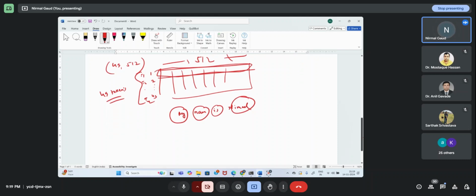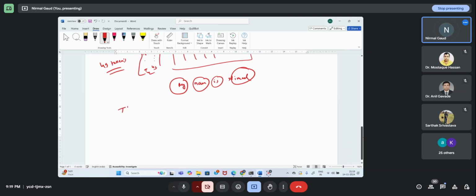So let us consider T1 and T2. Let us consider two tokens initially. I am taking this as a query. So let me write it like this, Q of T1. I will be performing the dot product with K of T2. Obviously, I need to perform the transpose of it.